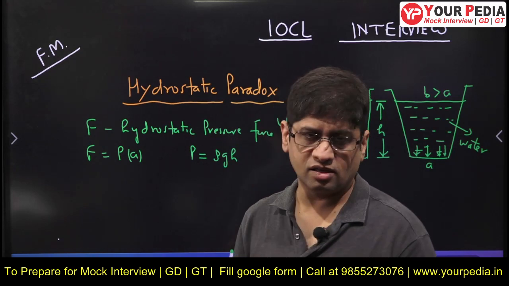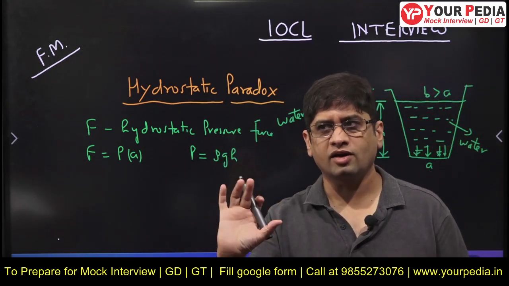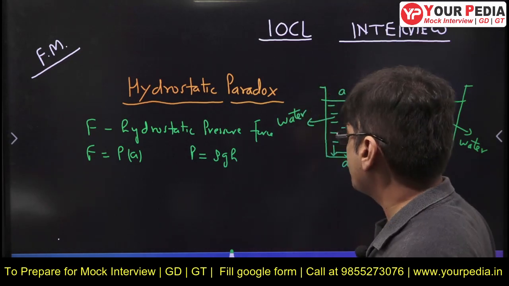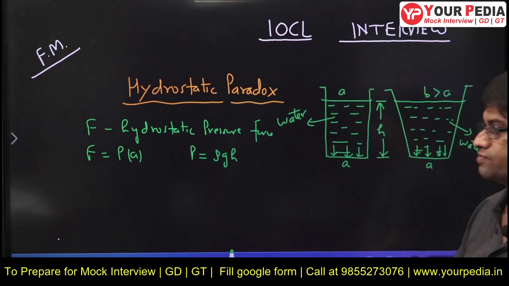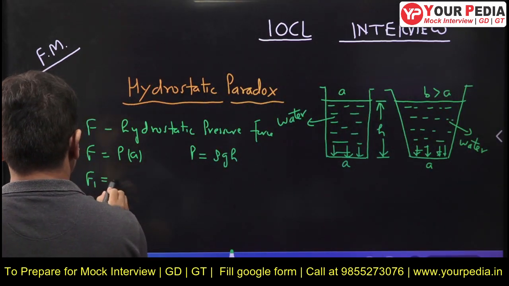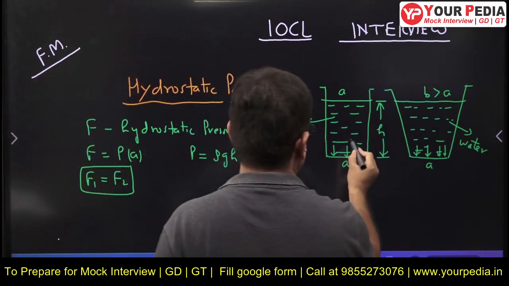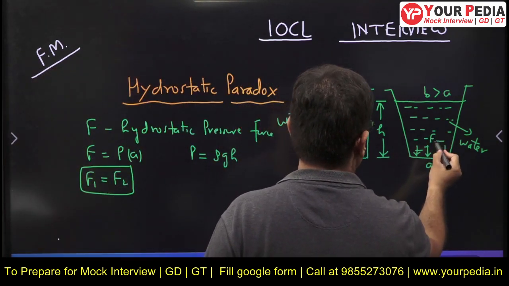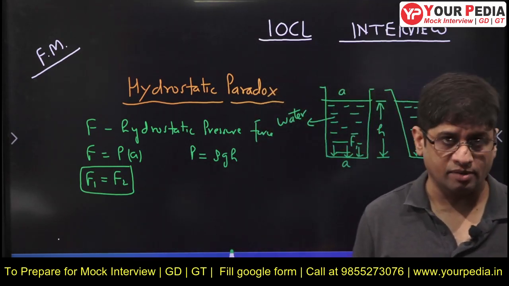Rho is the density, rho g is the specific weight, into depth, the hydrostatic law all of you are aware of. Now hydrostatic pressure at the bottom is the same, and since area is also the same, hydrostatic pressure force in both the containers will be the same. Let us call them F1 and F2.